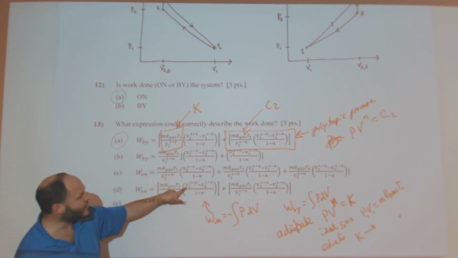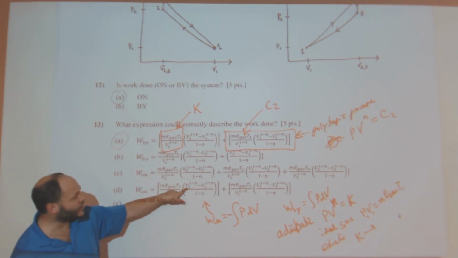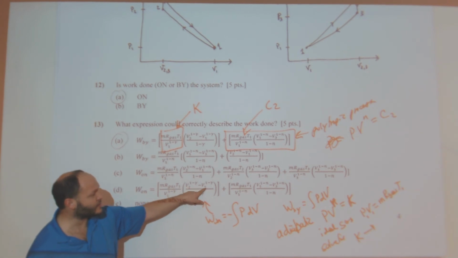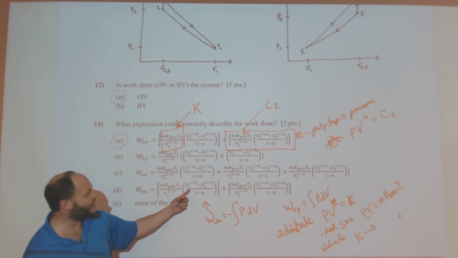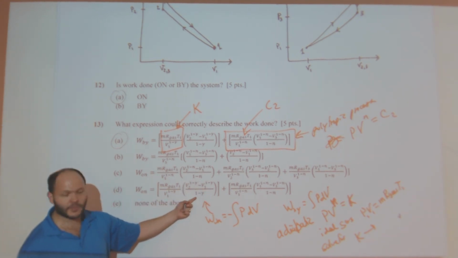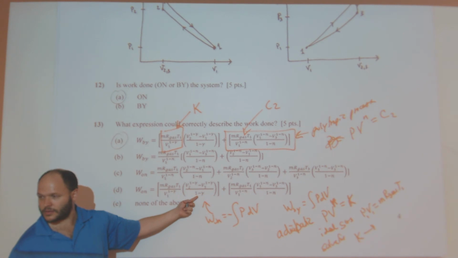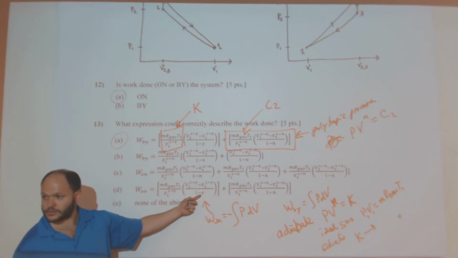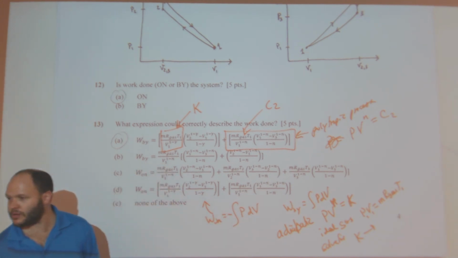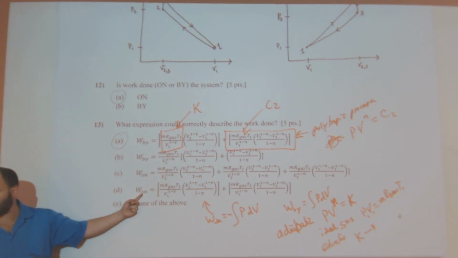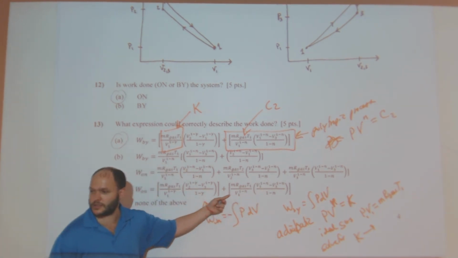But anyway, I have a smaller number minus a larger number to a negative power, so this ends up being a negative number. And this one here is a smaller negative number. So I end up getting a negative number for work on in this context.